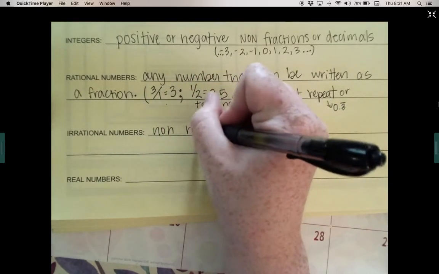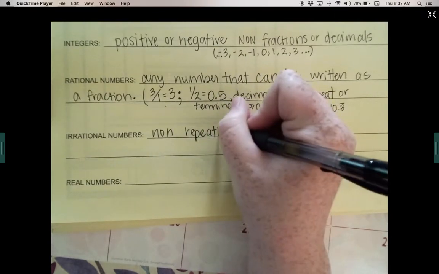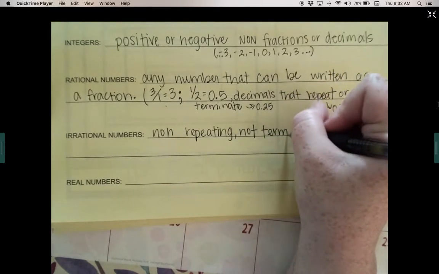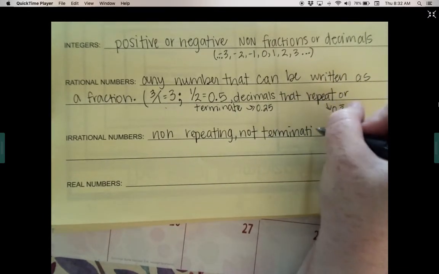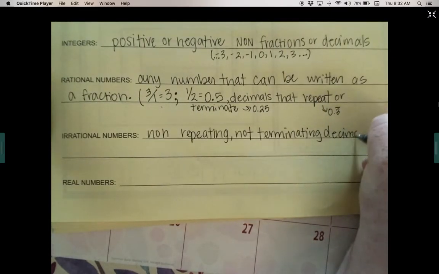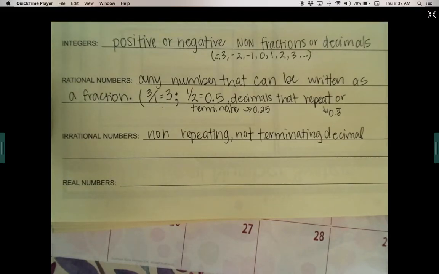Non-repeating, non-terminating decimal. So when we were doing our roots of non-perfect squares, we had to round. Usually when we typed it in the calculator or did those steps, our long division would have kept going and going, but I said round to the nearest tenth. Okay? Those are irrational numbers.